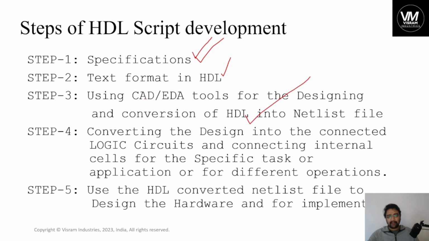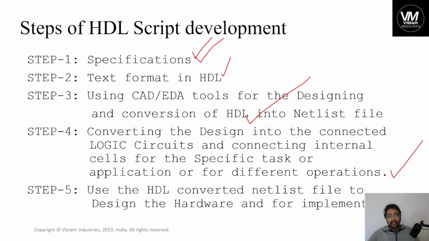CAD is nothing but algorithms embedded in an application. The advanced tools are now called electronic design automation. So it converts the design into a connected logic circuit, with internal cells for the specific application.